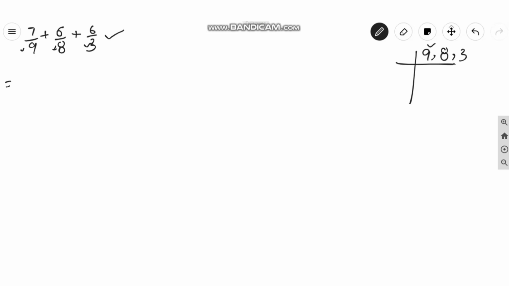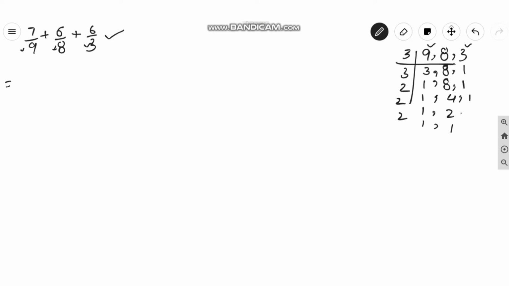First, you can see that two numbers have a common factor of 3. So let's start with 3. 3 3s are 9, 3 1s are 3 and 8 will remain as it is. 3 1s are 3 and 8 remains as it is. So 2 4s are 8 and 2 2s are 4 and 2 1s are 2 and 1 remains as it is.